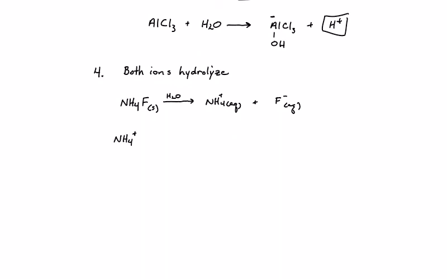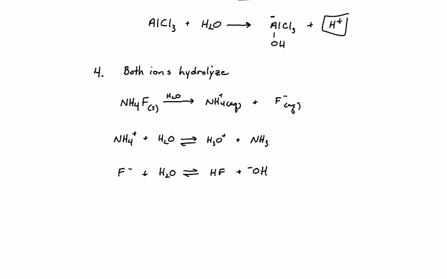So ammonium plus water is going to give us hydronium plus ammonia. Likewise, fluoride, if it reacts with water, will give us HF plus hydroxide. So we have one part of the compound that is making things more acidic, and one part of the compound that's making things more basic.